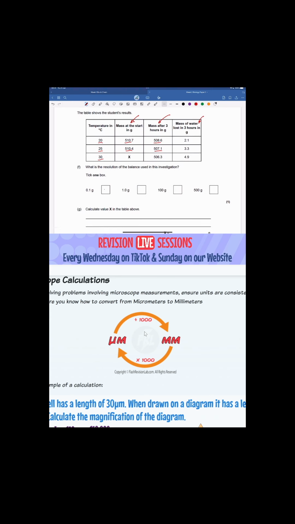Resolution is 0.1. Yes, it is 0.1. Why is it 0.1? Resolution is basically the lowest reading that the apparatus can give. And you can usually tell by looking at all the numbers. So you can see here, it's 508.6, 510.7. It's not 510.